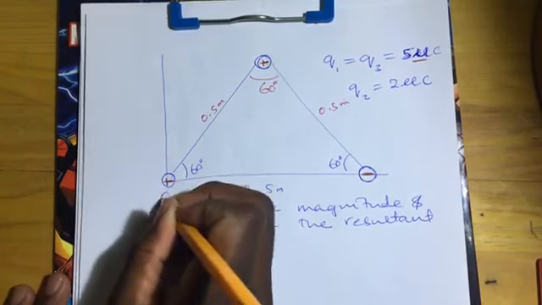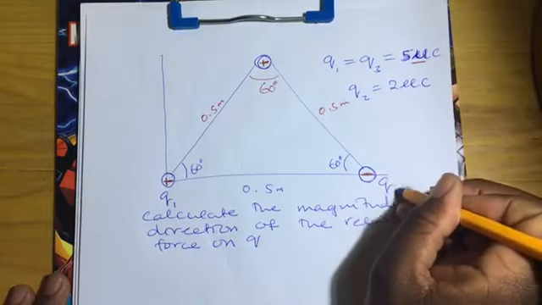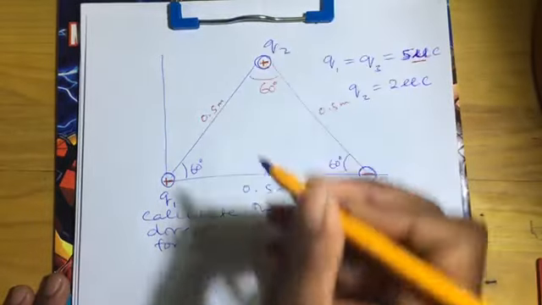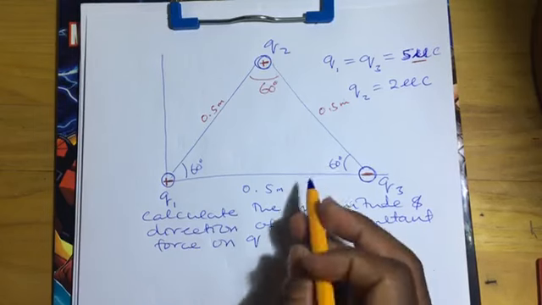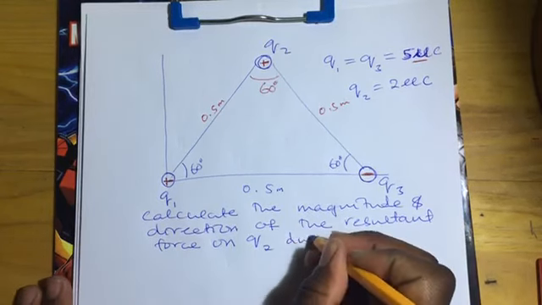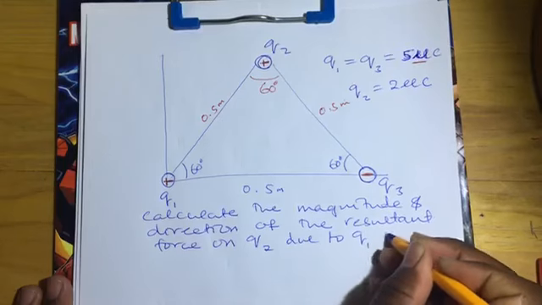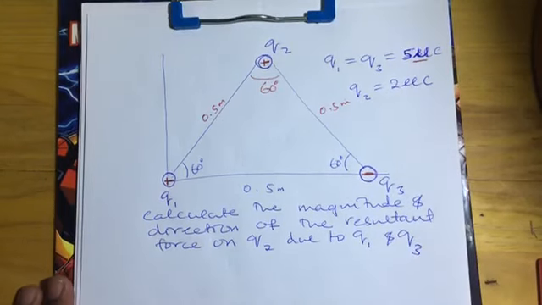Oh, let me label them. This is going to be Q1, this is going to be Q3, this is going to be Q2. So calculate the magnitude and direction of the resultant force on Q2 due to Q1 and Q3.